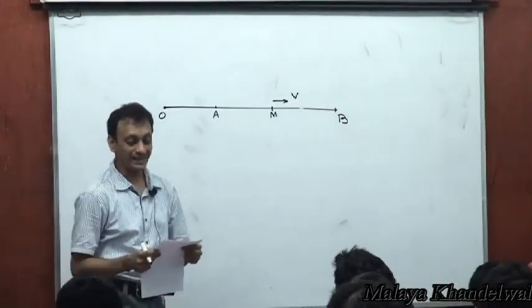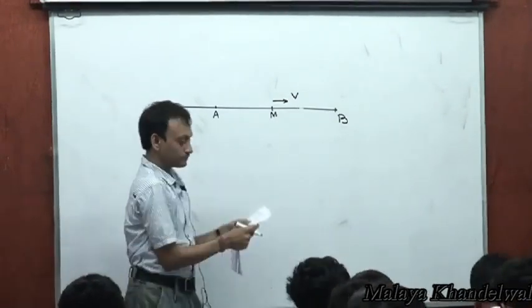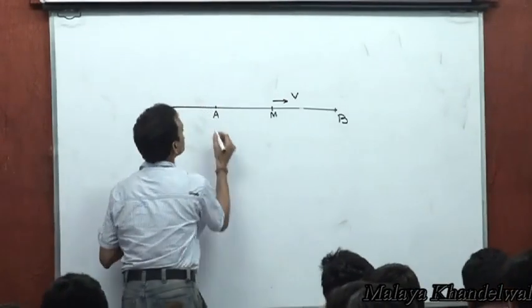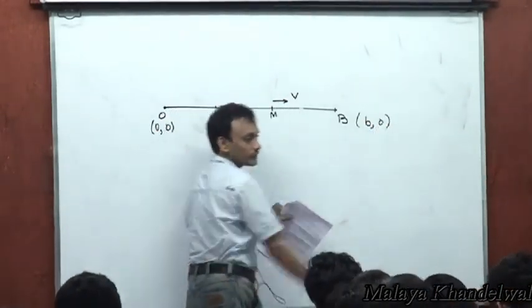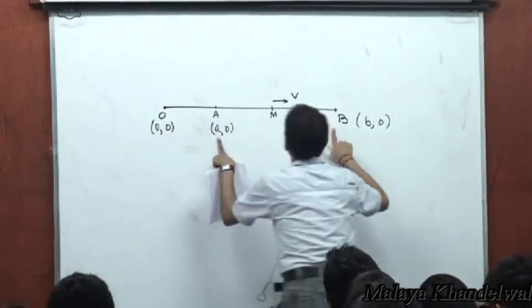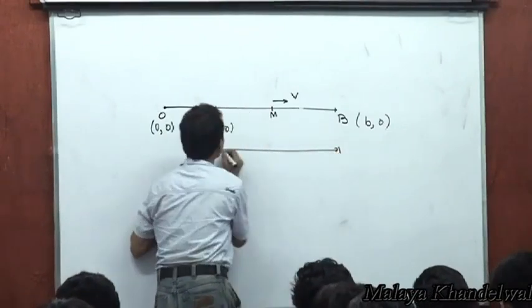If the coordinates of A and B with O as the origin are small a and small b, that means this is a, 0, this is b, 0, it's oscillating between these two limits, A and B. That means the length AB is b minus a.